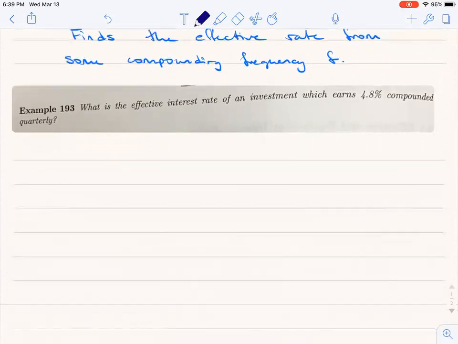So we want to know what's the effective interest rate of an investment which earns 4.8% compounded quarterly. So here we've got R is 0.048 and F is quarterly, so 4.